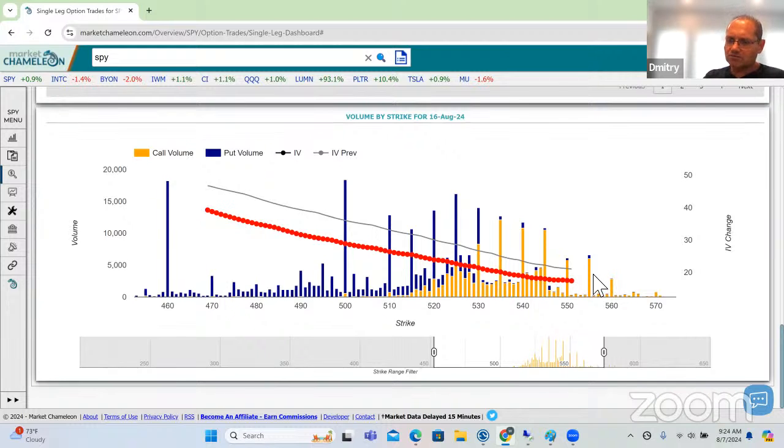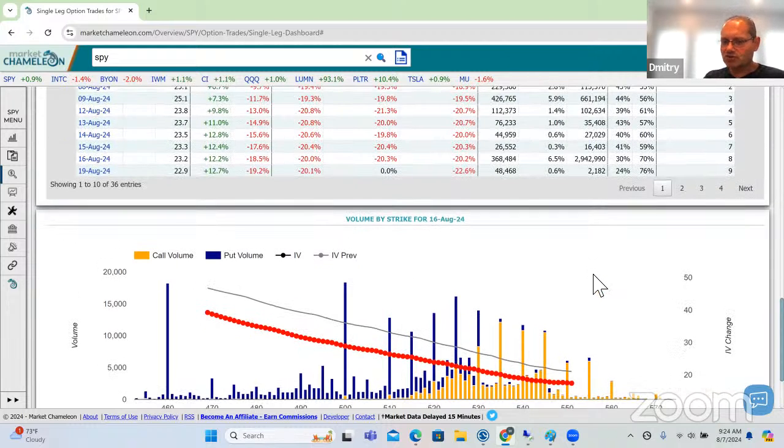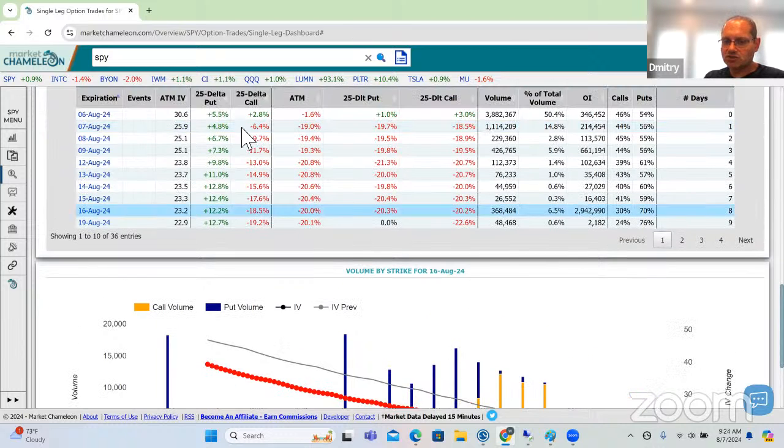So let's go look at it now. If we had to just reference numbers, metrics, this is how it would look. On August 16th, we see that the at the money is 23.2.